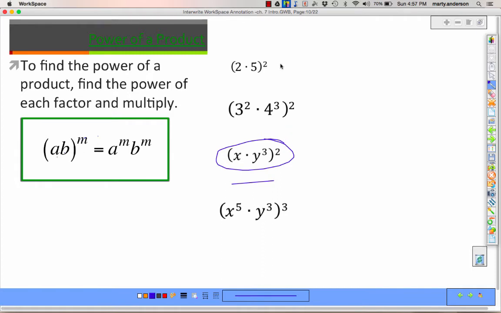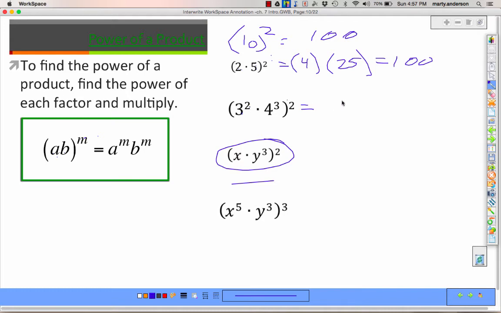So I can go over here and say this will be 2 squared, 4, and times 5 squared, 25, and I get 100. Now, based on what you already know about order of operations, I can do 10 squared, 100. Hey, more than one way to do a math problem, right?